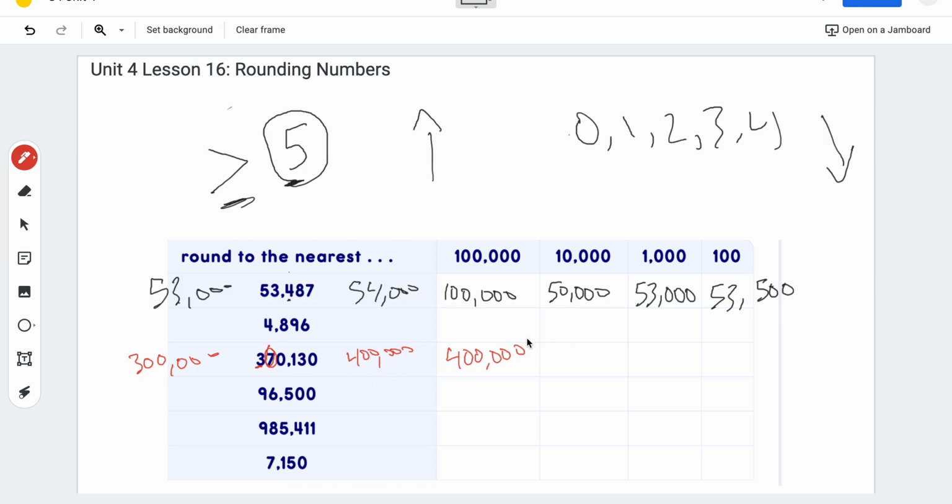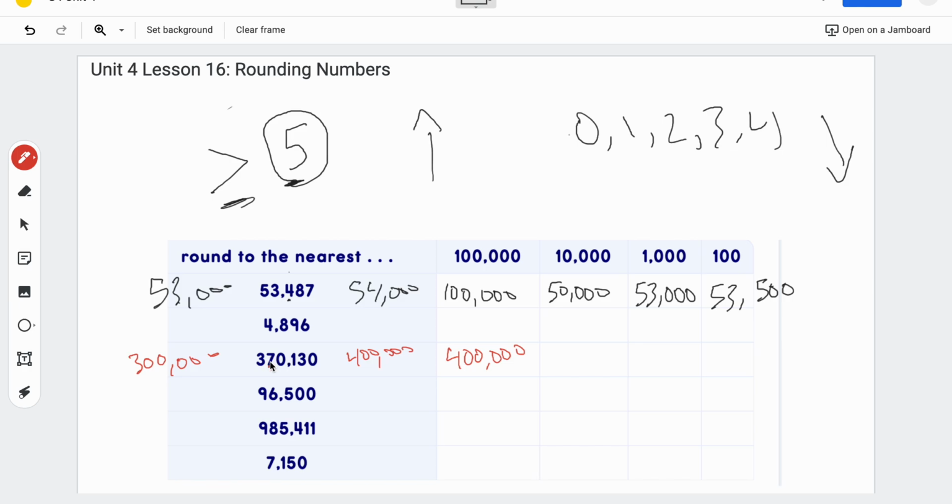All right. Now to the nearest 10,000, what we do is we look at the 10,000th place over here. The 10,000th place is the 7. So is this number closer to 370,000 or is it closer to 380,000?